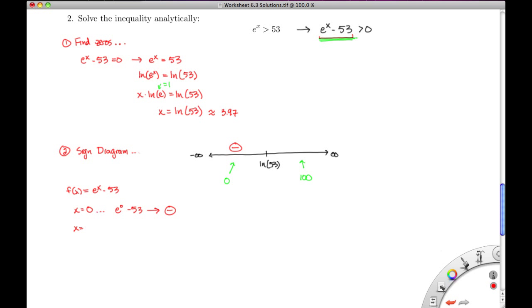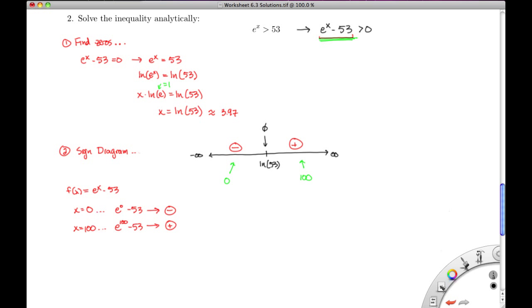And if we plugged in 100, e to the 100 minus 53 is going to be a positive number. e raised to the power of 100 is much larger than negative 53, which will give us a positive. So we're positive on this interval. And again, we know that this point right here was a 0.